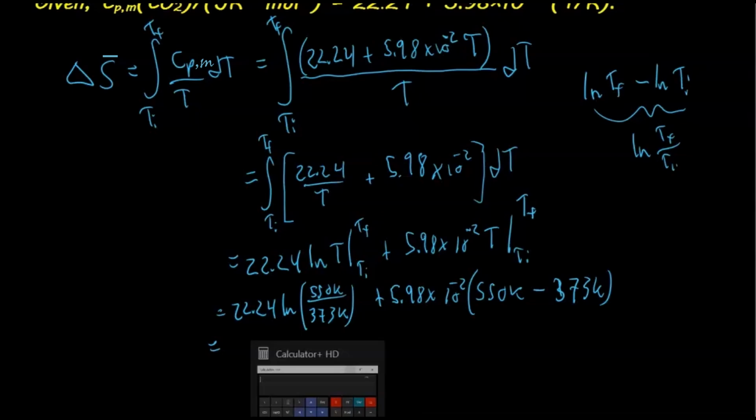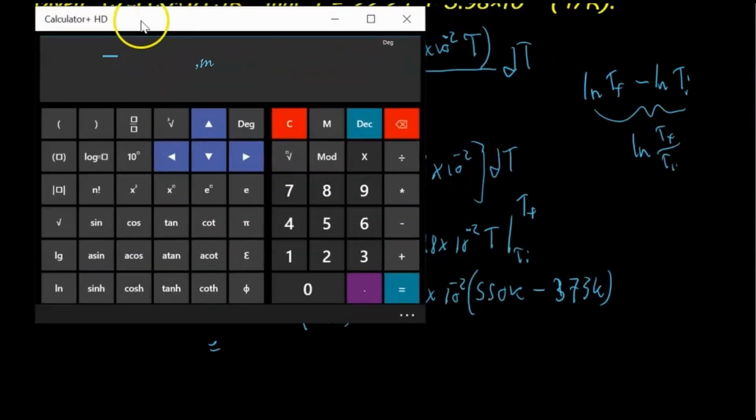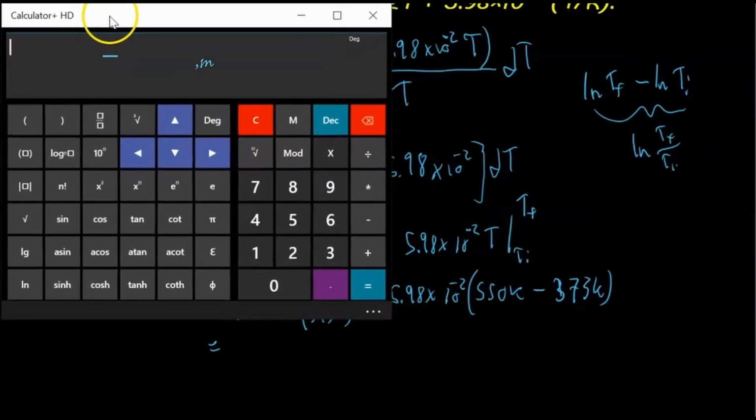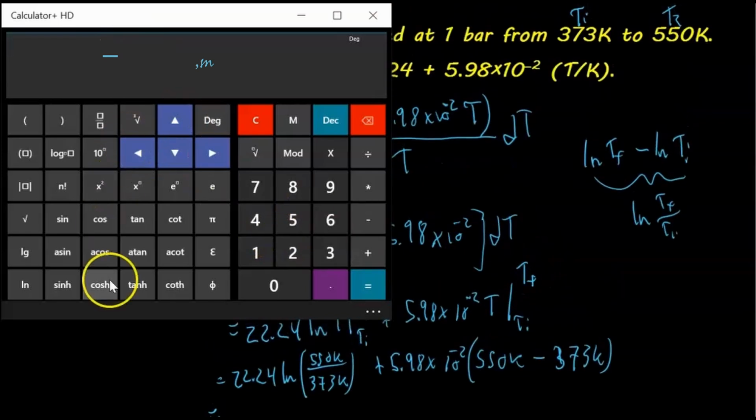Okay, so we'll plug that into the calculator. Kind of running out of room here. There we go. Okay, so 22.24 times ln of 550 divided by 373, plus 5.98 times 10 to the power of negative 2.